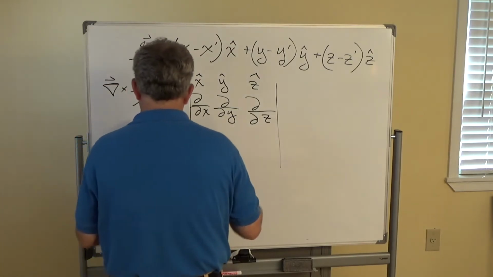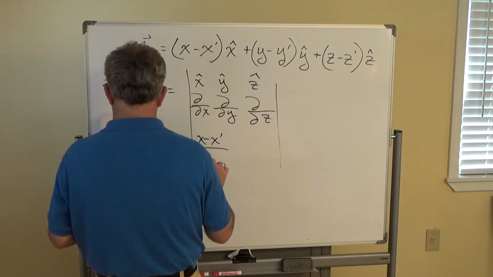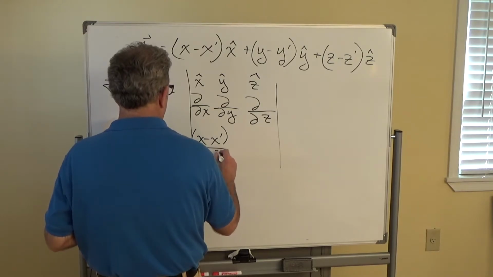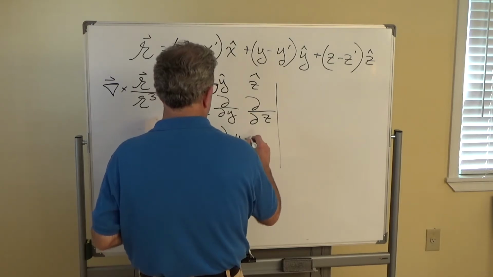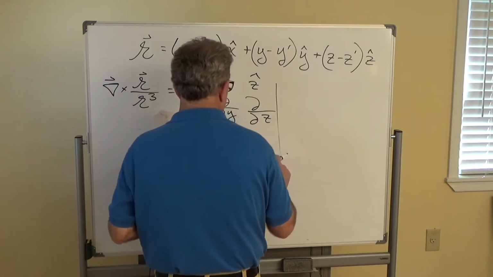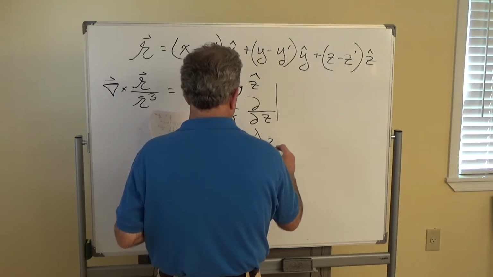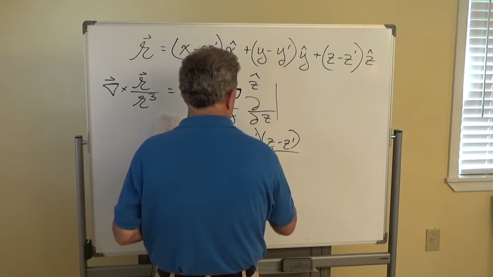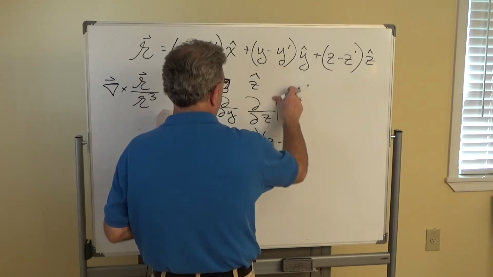And then down here you have x minus x prime over script r cubed, y minus y prime over script r cubed, and z minus z prime over script r cubed.